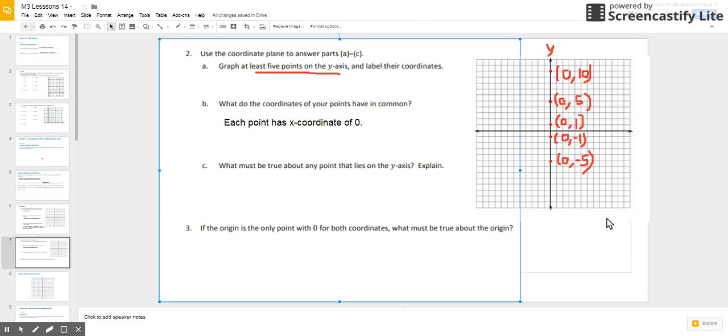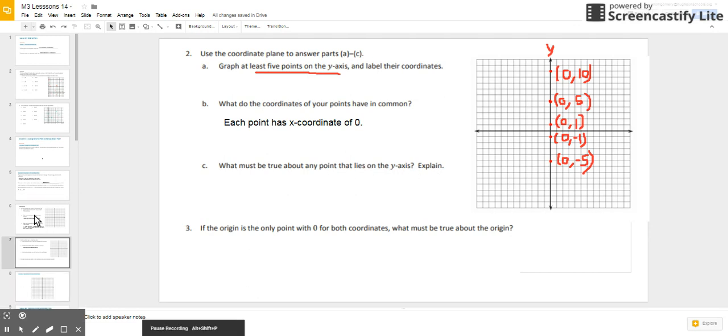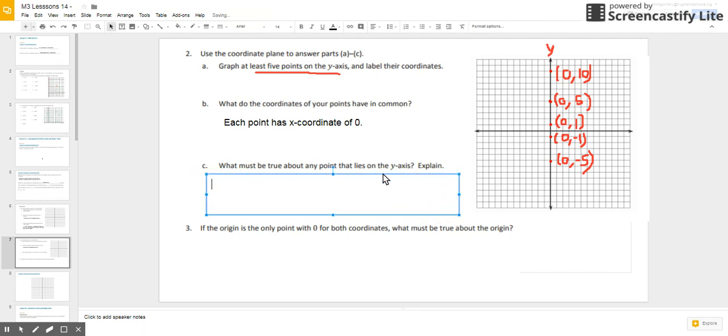All right, question C: what must be true about any point that lies on the y-axis? Explain. Just like the other one, if a point lies on the y-axis, its x coordinate must be 0.